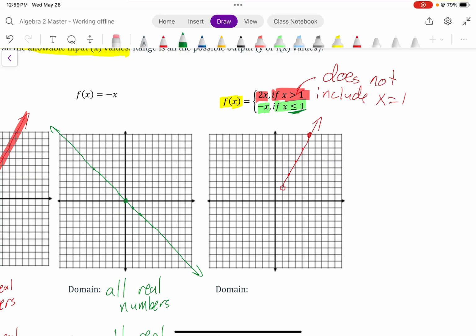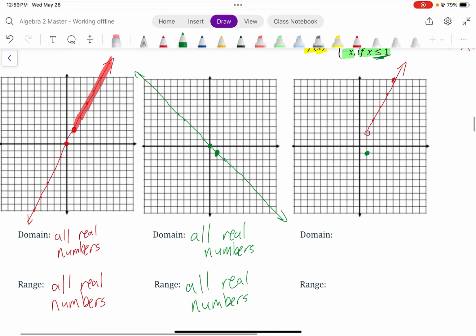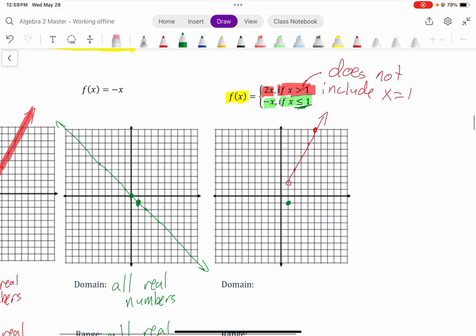So when x was 1 over here, we had a closed dot. And now my slope is -1. I can't go down and to the right because all of those x values are on the red part of this function. So I'm going to go up and to the left.